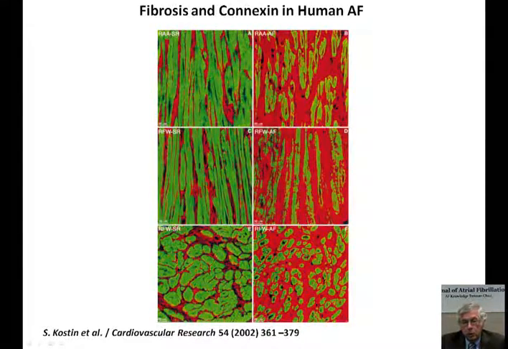This also happens with connexin 40. So both connexin 43 and connexin 40 can decrease in amount, as shown here. It's heterogeneous in that there are regions with a lot of connexin and regions without connexin, and there's also lateralization.